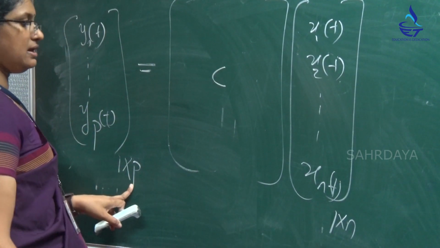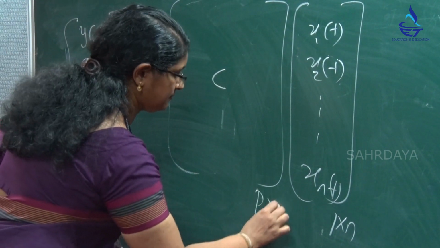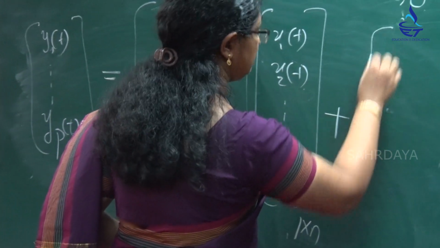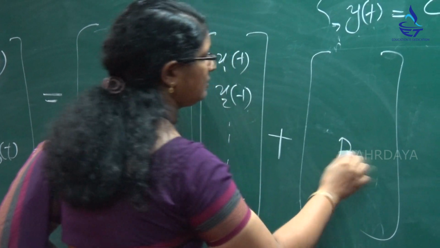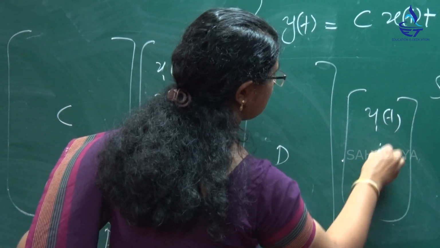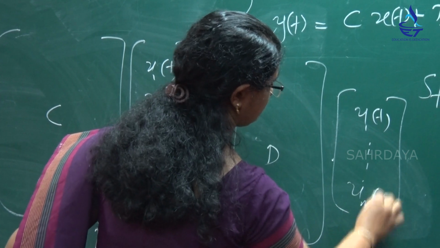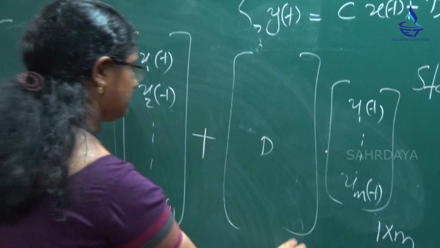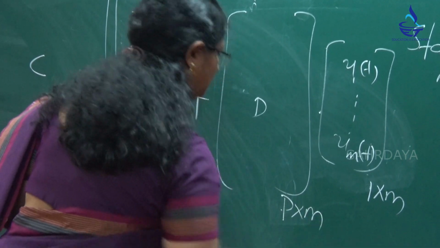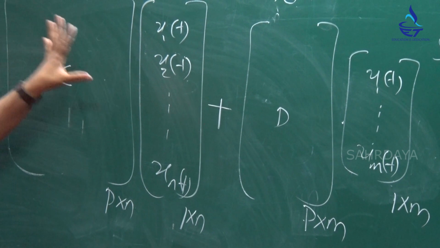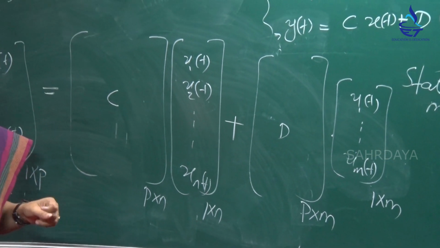So if it is p outputs, then this matrix C should be a p by n matrix, plus the matrix D into the matrix U, u1 of t, etc. up to um of t. If this is an m by 1 matrix, then D should be a p by m. So this makes the complete general form of the state equation of a system.